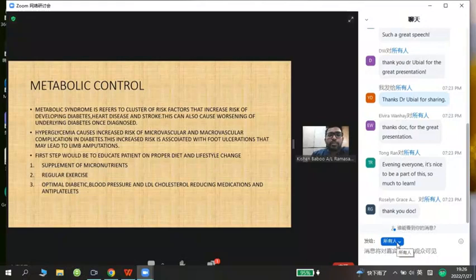So the first step would always be educating the patient on a proper diet and lifestyle change, where you have supplements of micronutrients, regular exercise, and also optimal diabetic control, blood pressure, and LDL cholesterol.